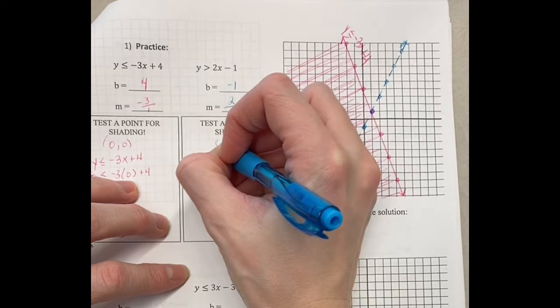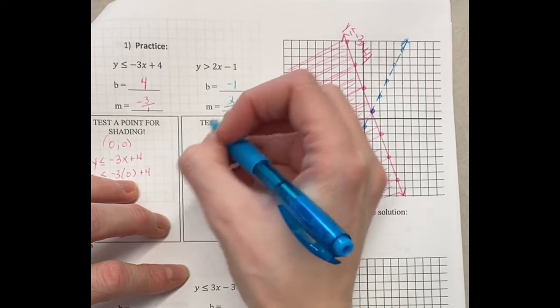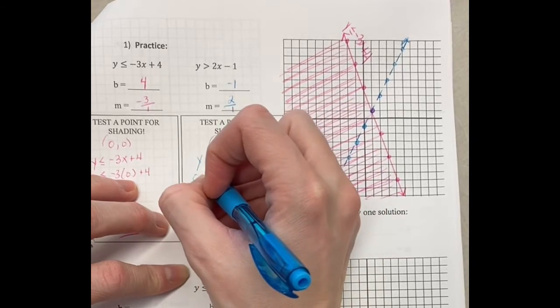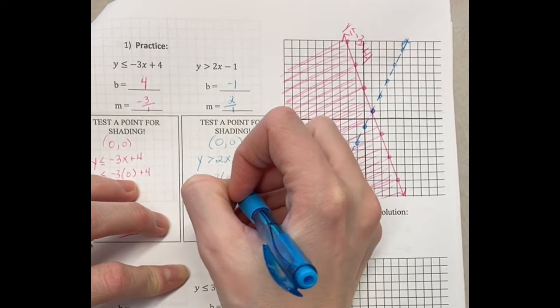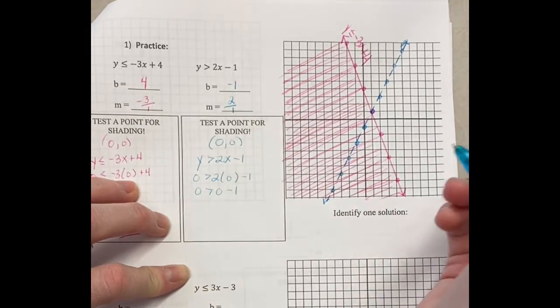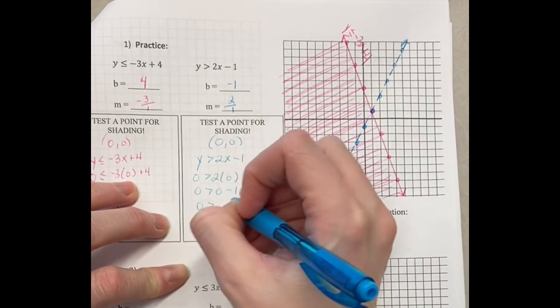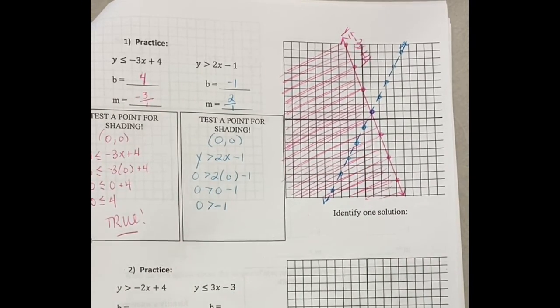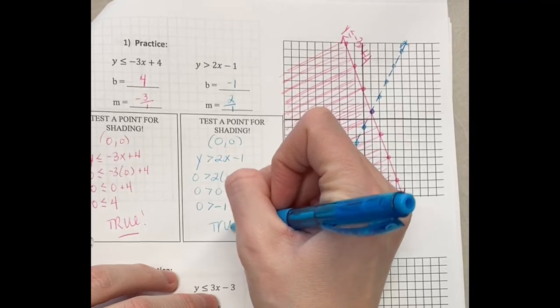And then we're going to test the point (0, 0). So I have y is greater than 2x minus 1. So it would be 0 is greater than 2 times 0 minus 1. 0 is greater than 0 minus 1. So that gives us 0 is greater than negative 1. Is 0 greater than negative 1? Yes, this is a true statement.